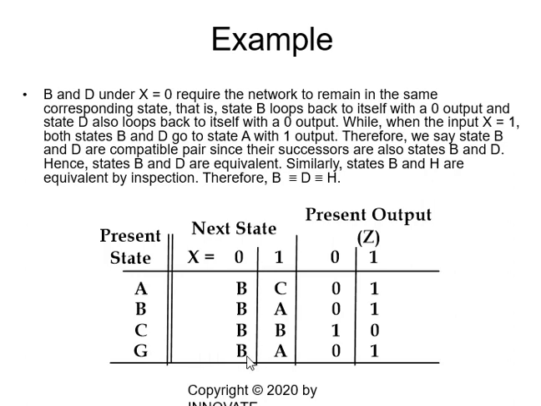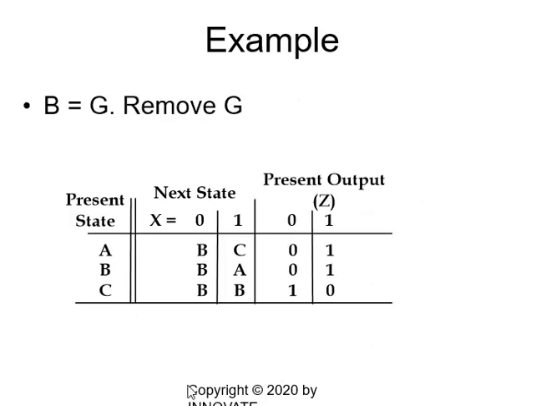This row is identical to row B, B A and B A. So I can remove G and replace G, which really does not show up anywhere, if any, with state B. So G can be removed, and I will have the following table. I will have three states: A, B, and C, the next states B C, B A, and B B, and the output 0, 1, 0, 1, 1, 0.